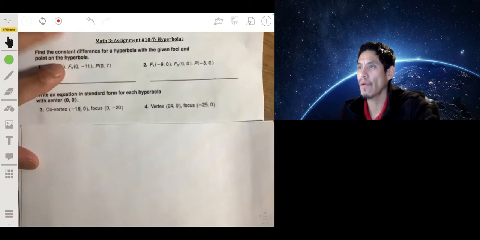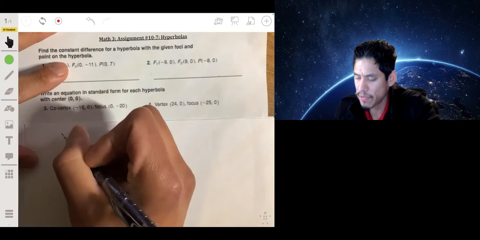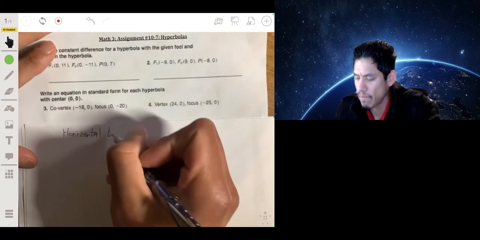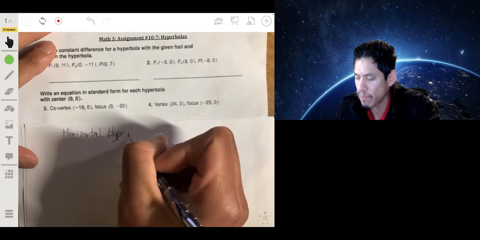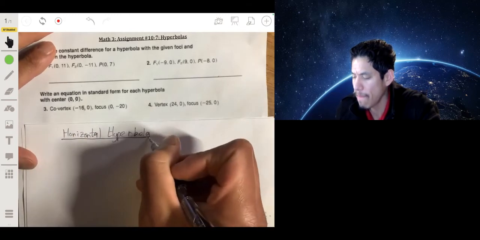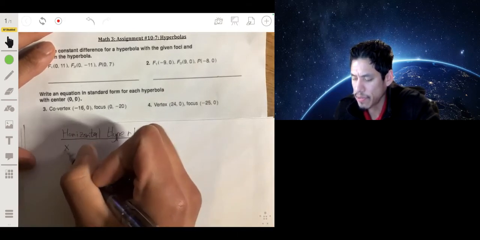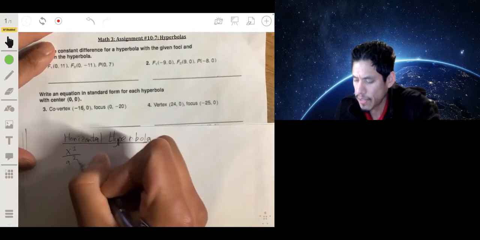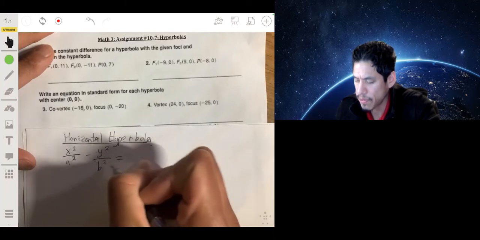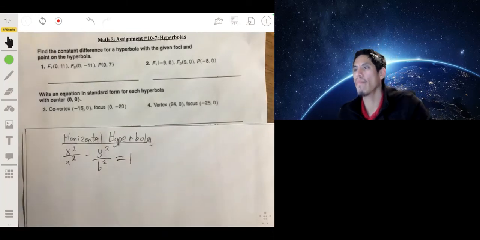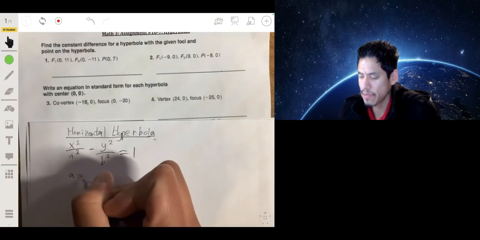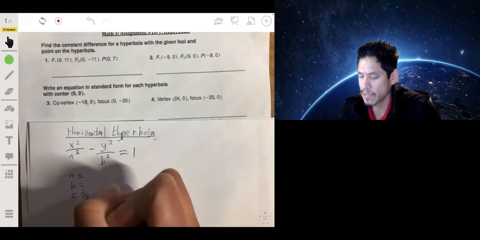So our equation for a horizontal hyperbola is going to have x squared over a squared minus y squared over b squared equal to 1. We've got to find a, b, and c. Sometimes we don't need c, but always, just in case.